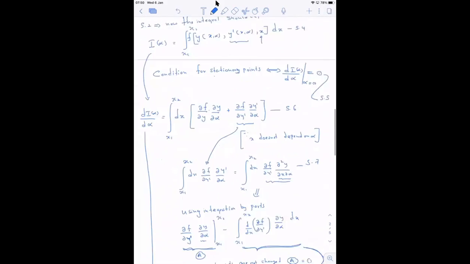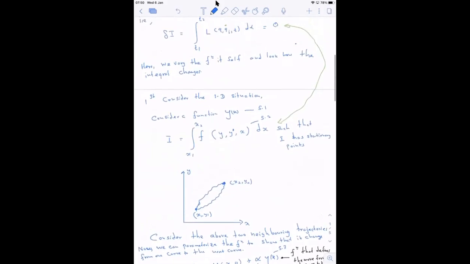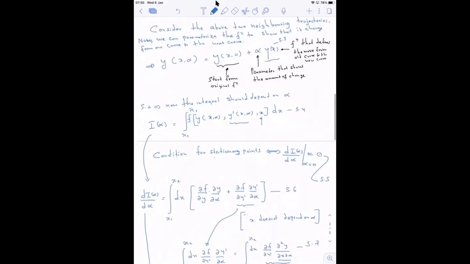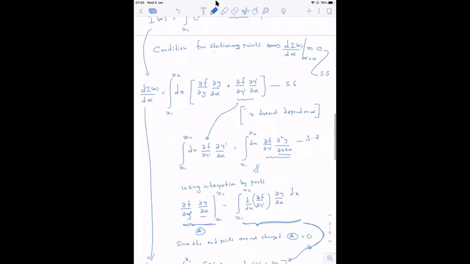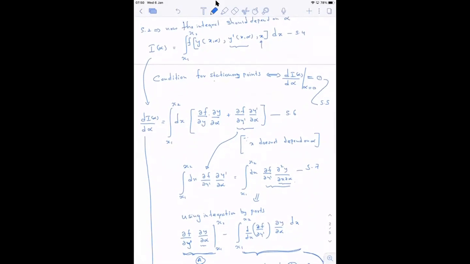Right here we mention that condition. Yes, equation 5.5 says dI over dα should be equal to 0.